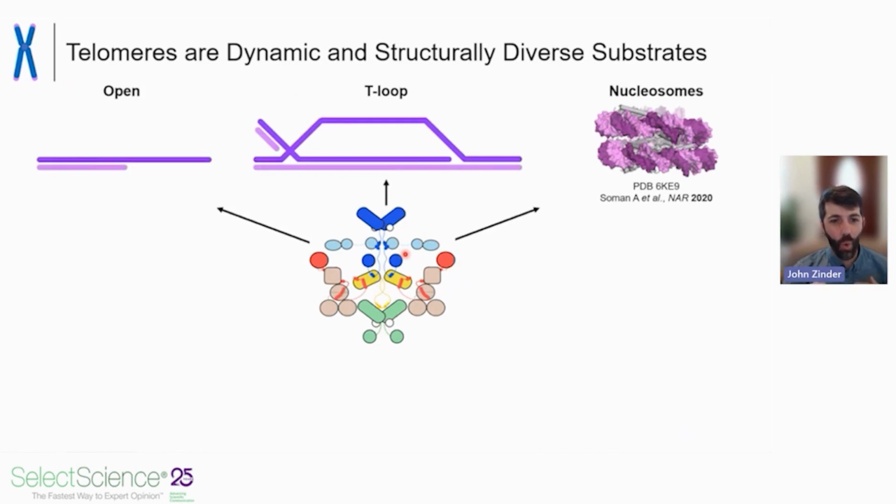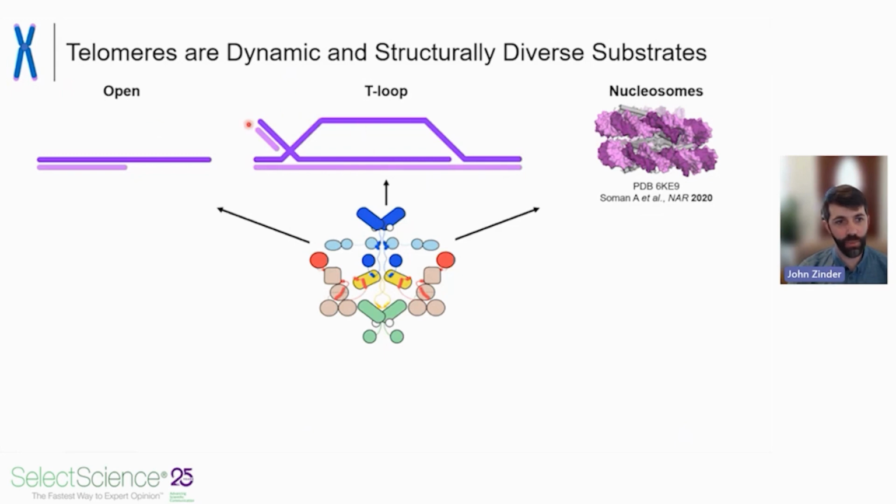And we asked, why would it be so incredibly flexible? And the answer that we came up with is obviously somewhat speculative, but we speculated that telomeres are actually dynamic and structurally diverse substrates. So it makes sense to have a really conformationally flexible complex at the center of so much telomere biology. And by structurally diverse, I mean that they can be found in open states that are competent for elongation by telomerase.